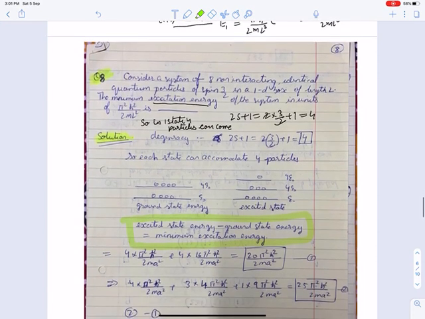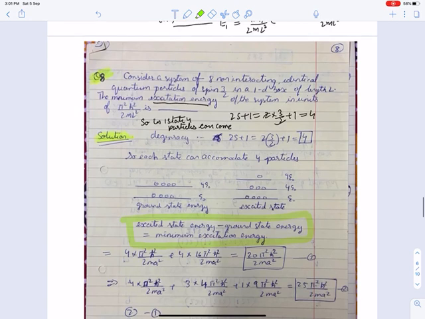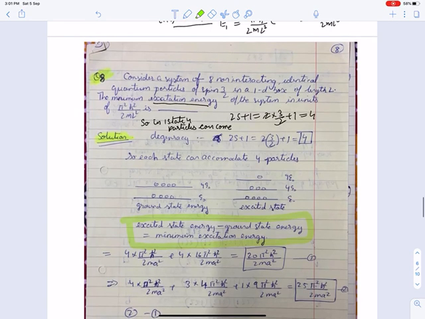Let's calculate the ground state. For the ground state energy, I've shown that 4 particles can come in the first state, and in the next also 4 can come, so you have accommodated a total of 8 in 2 states.